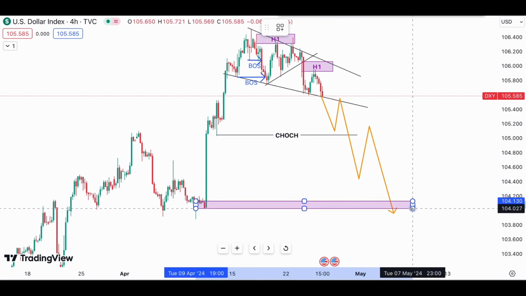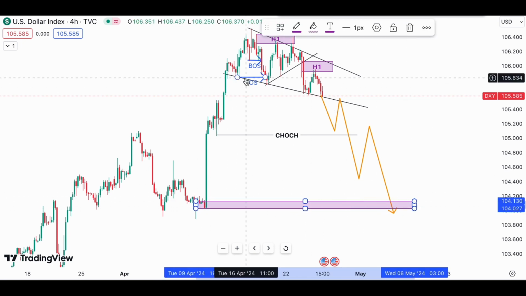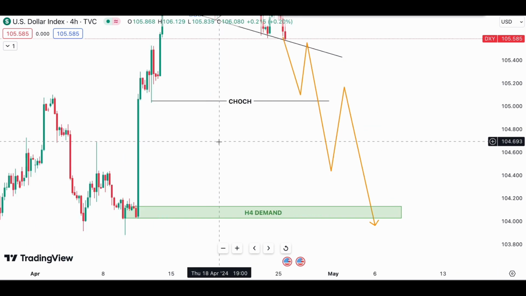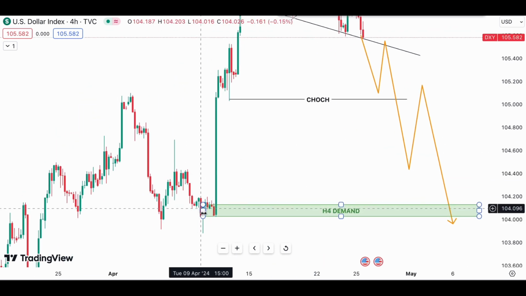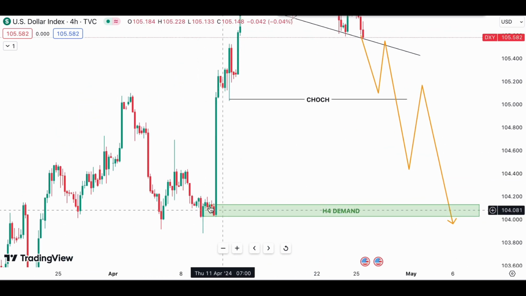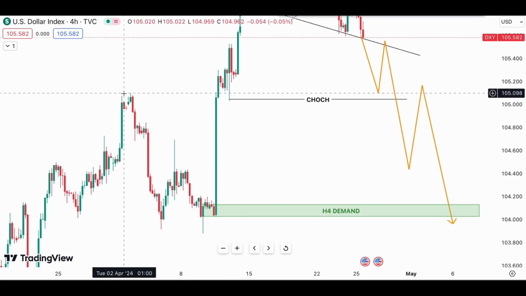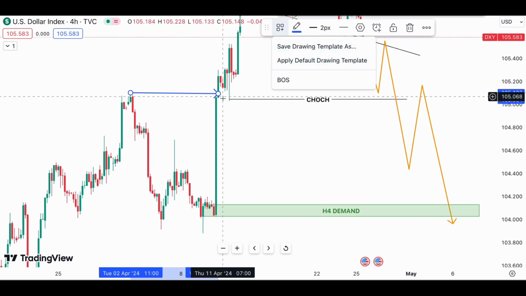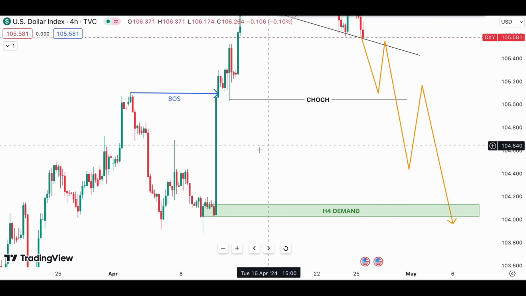Right here we can see this is a very powerful demand zone. This is an H4 demand. This is the last demand zone, very strong in H4, and it led to a break of structure here with a powerful candle.